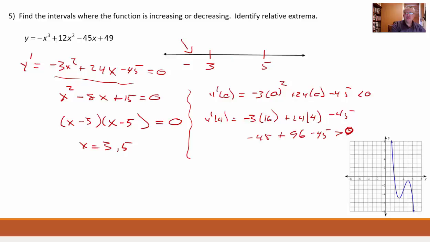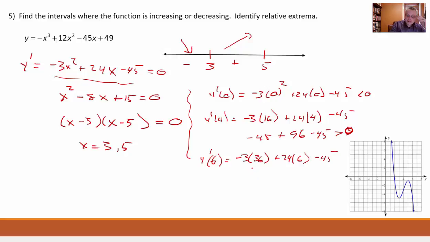So this was going down here. The derivative was plus here, so the function's going up. Now we got to check a point in this interval here to the right of 5. So we're going to check y prime of, say, 6. And that would be negative 3 times 6 squared, which is 36, plus 24 times 6, minus 45.